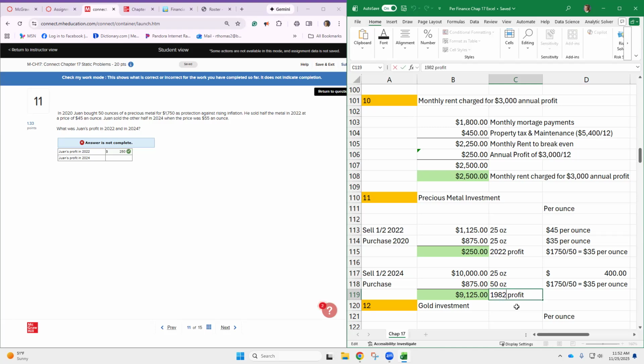And now we want a 2024 profit. Okay, once again, $35 an ounce, versus $55 an ounce. So 25, they said $55 an ounce, $55.